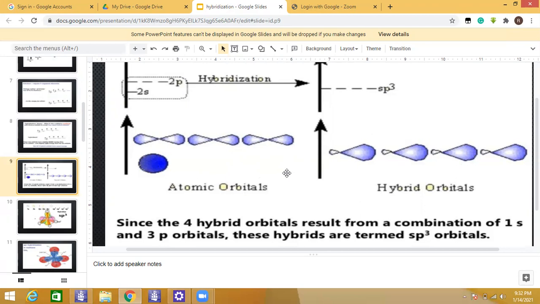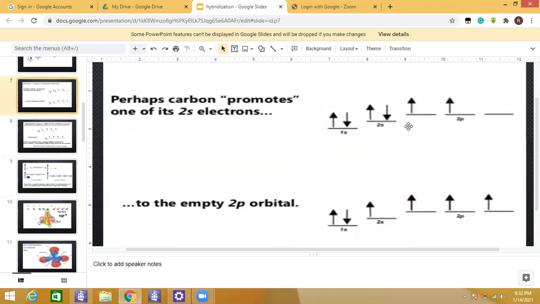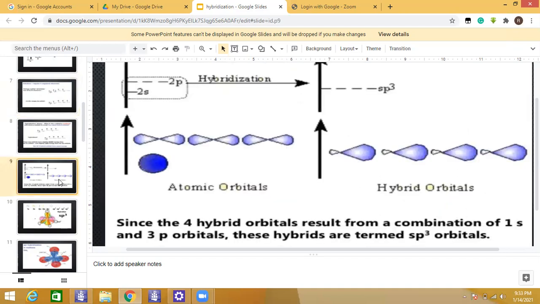The electronic configuration, as you have seen, is in the ground state here, and this is the excited state. When the electron jumps from the s orbital to the p orbital, the situation becomes like this. Because these are unpaired electrons, they undergo hybridization, mix up and give the equivalent set of hybridized orbitals.